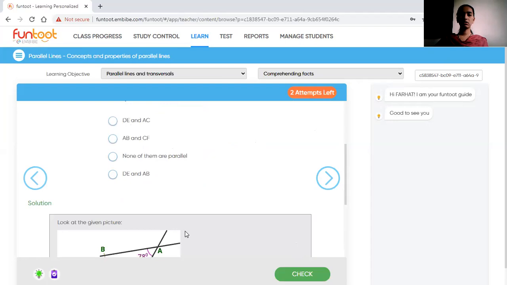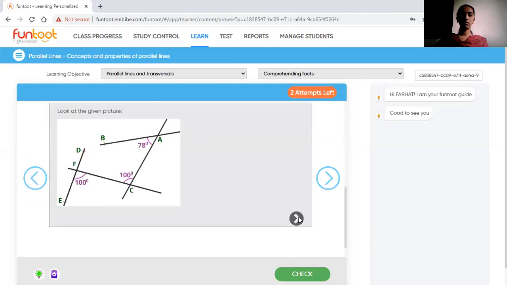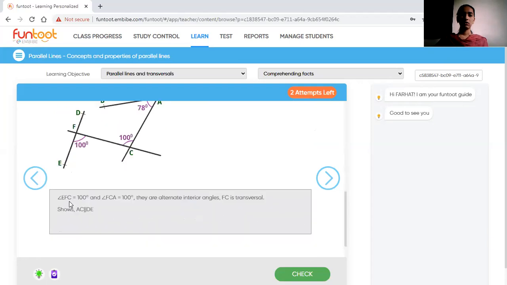Okay, students? Now look at the given figure here. EFC is 100 and FCA is also 100. You can see this is 100, this is 100.